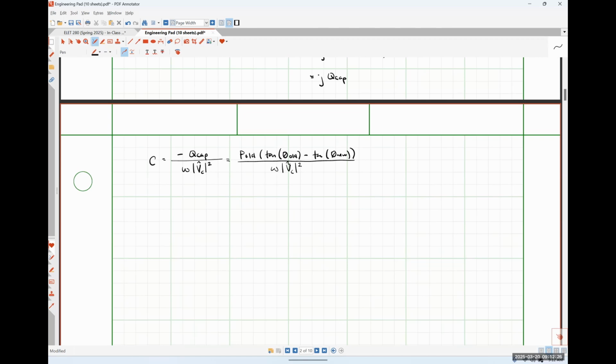And so we can literally just put in system information in order to calculate the value of the necessary capacitor, okay? So I'm going to open up in-class assignment number 2, and we are going to look at how to apply this relationship.